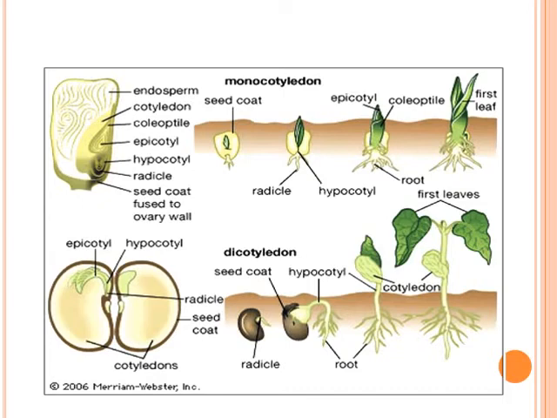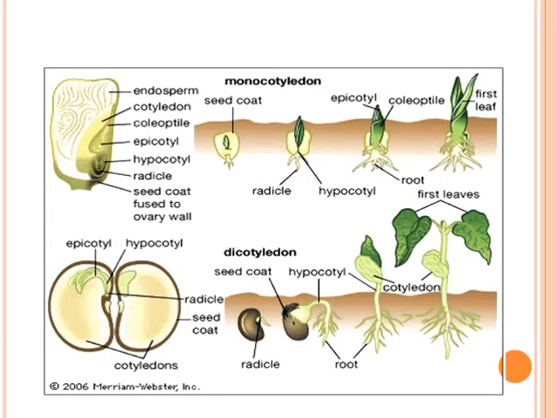You can see the hypocotyl is elongated, right? Due to the elongation of the hypocotyl, because it is attached to the cotyledons, they are coming up, and the first leaves are generating. That means the seedling grows. But in the case of monocotyledons, you can see the cotyledons remain in the soil, and later on they shed off.